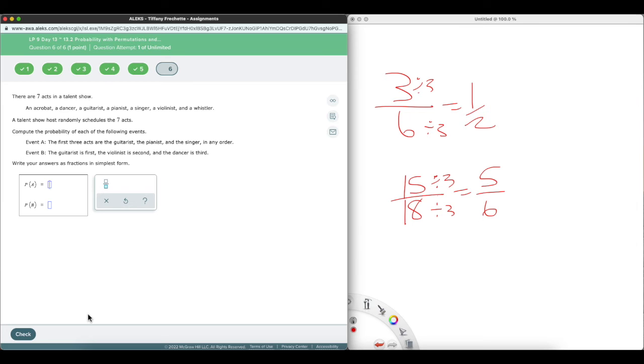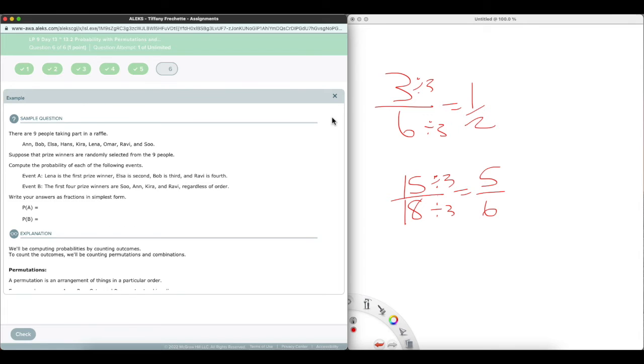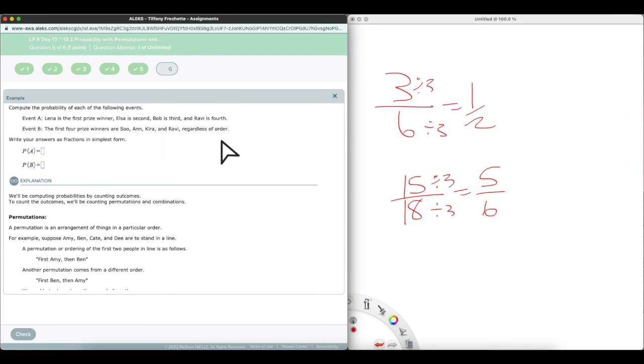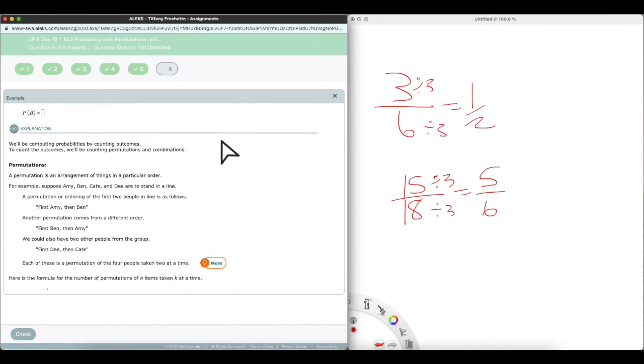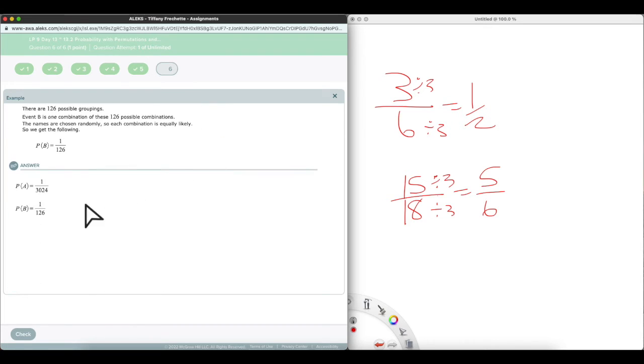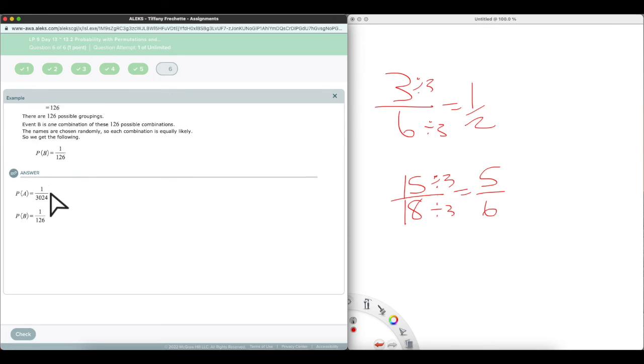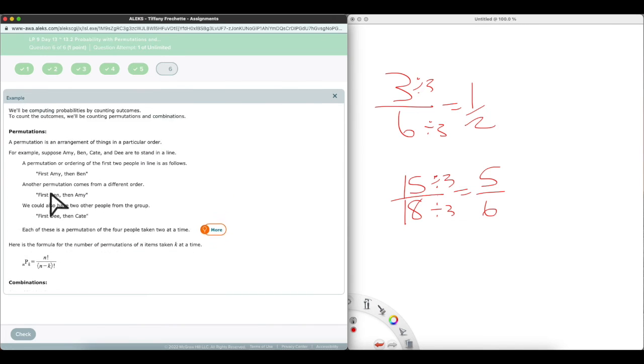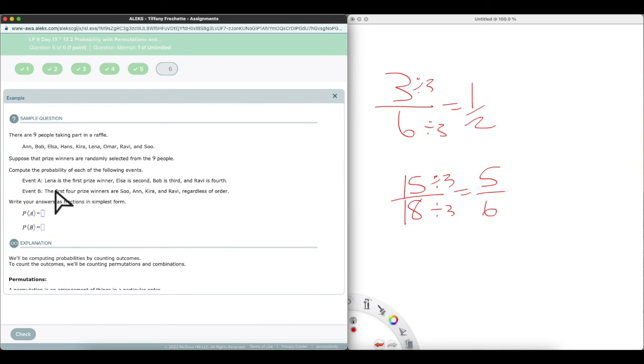So let's click on example just to make sure we understand what it's asking us to do. Because they're actually going to want a number here. They don't want us to write out guitarist, pianist, anything like that. So with this one, it's kind of the same idea, but we have 9 people taking part in a raffle. So here's our 9 people. And then it's the same idea. So we have event A. For their event, they're being specific.